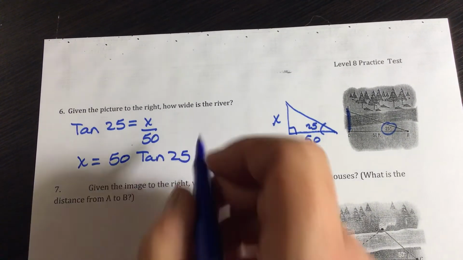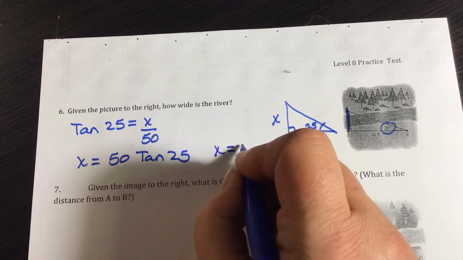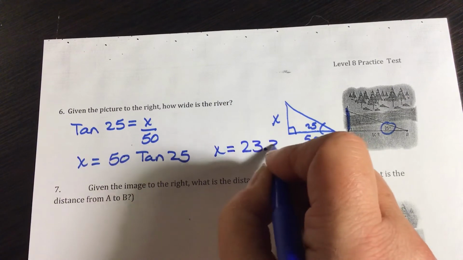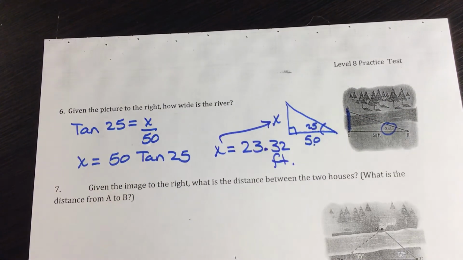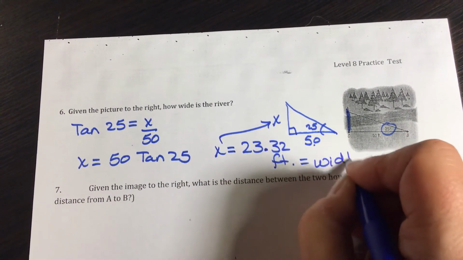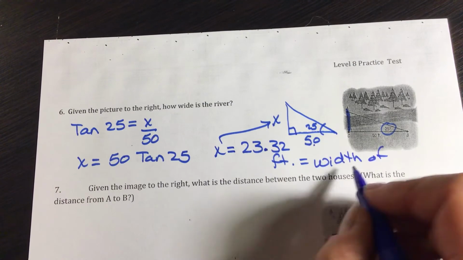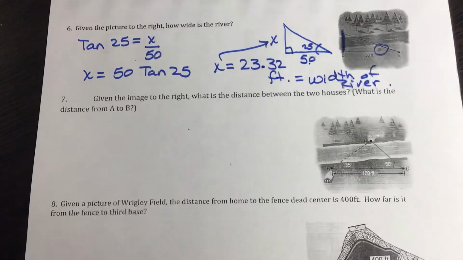And that is simple in the calculator, so x is 23.32 feet. And that's the width of the river. All right, that was an easy one.